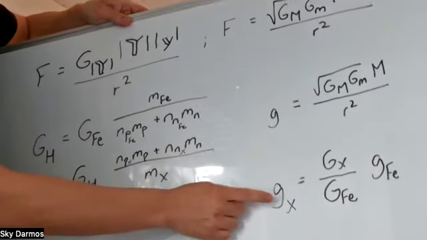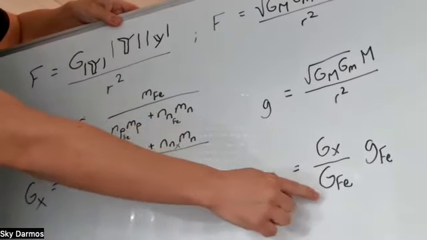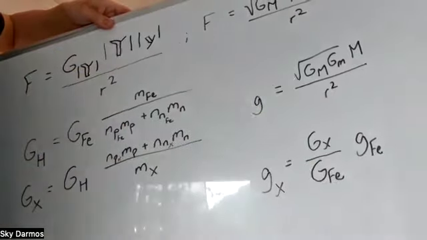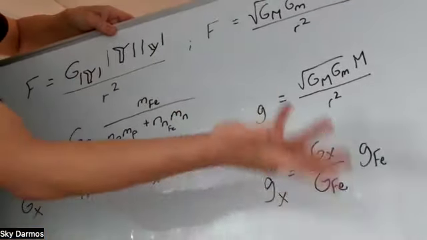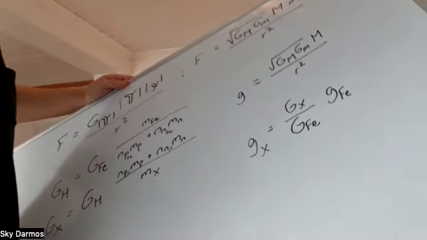But practically, you can just look at the ratio between the G value of the element and the G value of iron, and multiply that with the free fall acceleration of iron, because every location has a different small g.